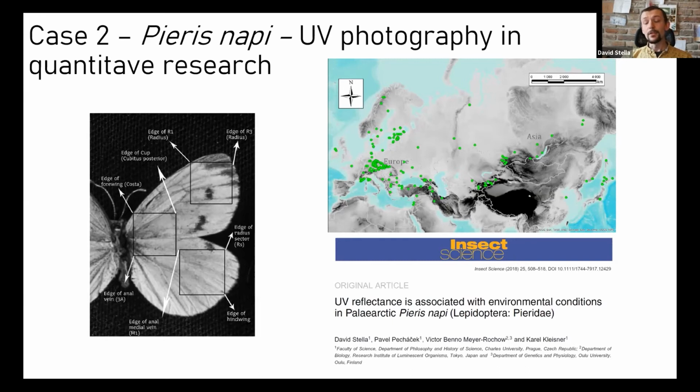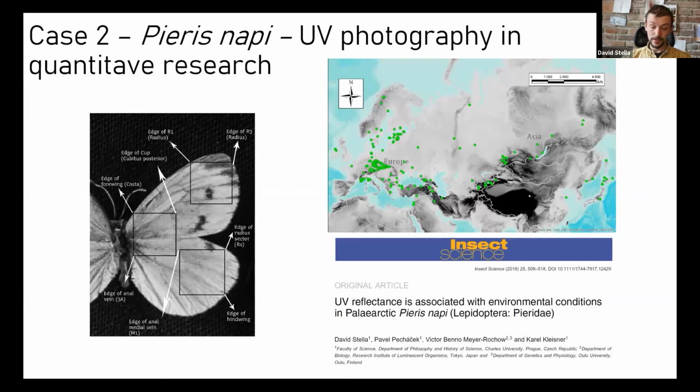As you can see here, UV photographs were used for analysis of specific areas on the left picture of this butterfly wing, of these 400 specimens, and then we correlate these with a number of environmental variables.